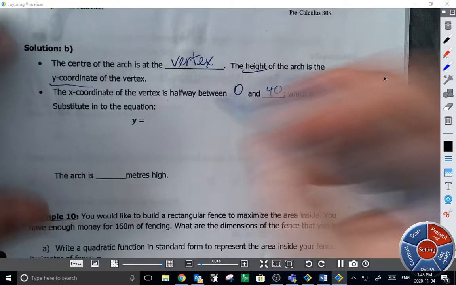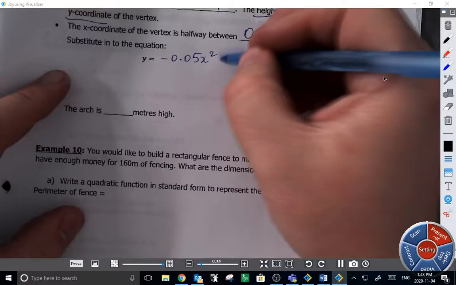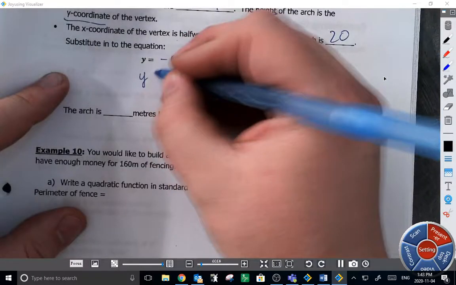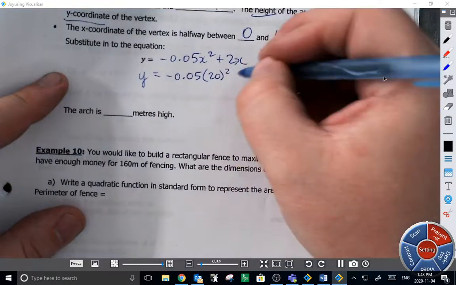So my equation is y equals negative 0.05 x squared plus 2x, and I'm going to substitute in 20. So y is equal to negative 0.05 times 20 squared plus 2 times 20.